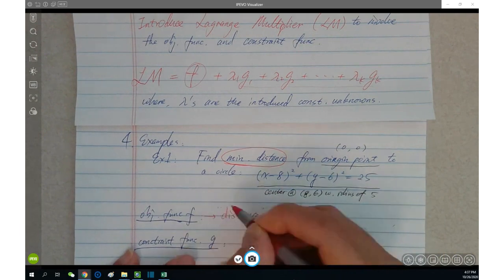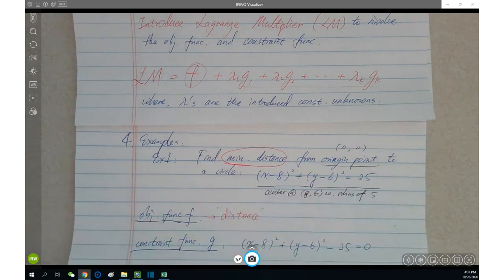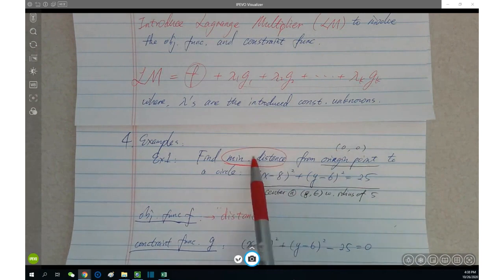You need to read the problem in this way, so you are able to identify the objective function. It's the distance, which is not given here. It's just telling you you're looking for the minimum value of it. Of whom? That is nothing but the objective function, right?